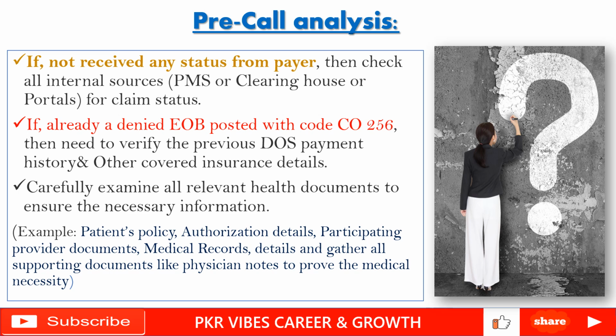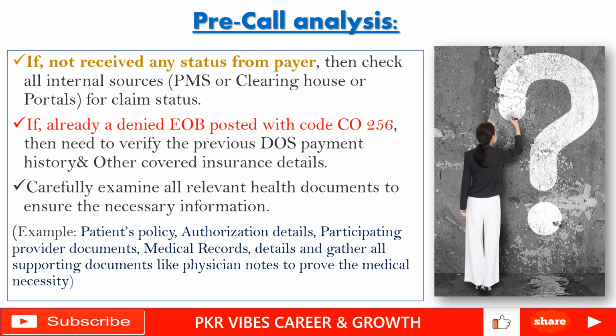For example, if they are saying it is denied CO256 only, we will not give any payments, then you should tell them, okay, we need payments for this doctor because our services are covered as per contract, so we want payments.